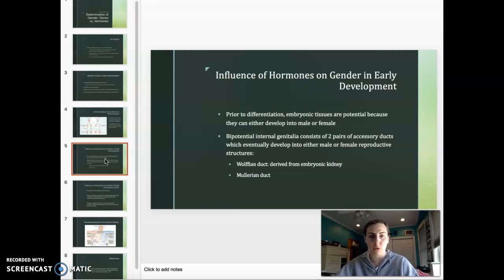The first is the Wolffian duct, which is derived from the embryonic kidney, and then we have the Müllerian duct.